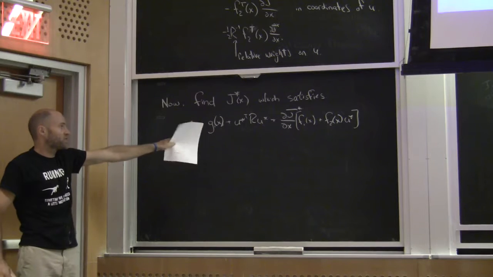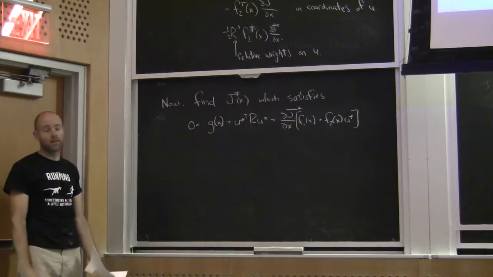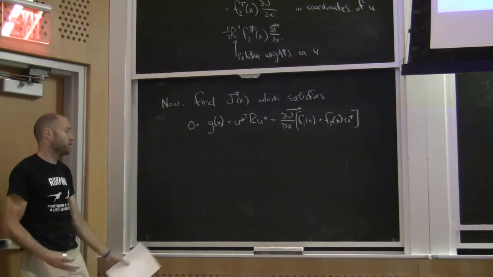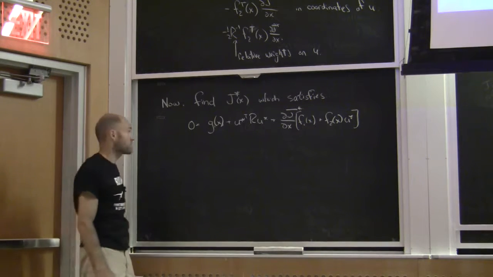Now we're in the land of this just being a partial differential equation, and we can basically bring to bear all the tools people have from the partial differential equation community to try to find a J that satisfies this partial differential equation, right?